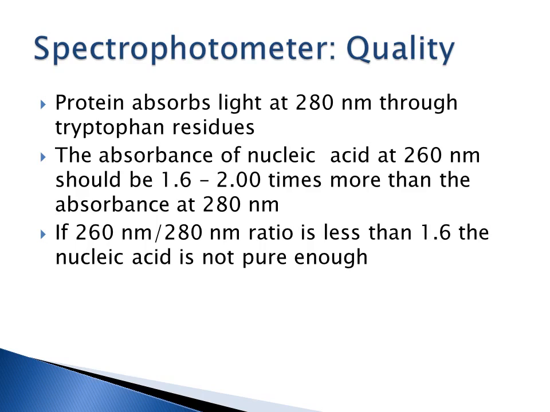So you take your ratio of the absorbance of 260 over 280. If it's less than 1.6, that means your nucleic acid is not pure. So there's contaminants in it. There's too much protein and other contaminants to use for most of your other methods that you're going to use your nucleic acids for.